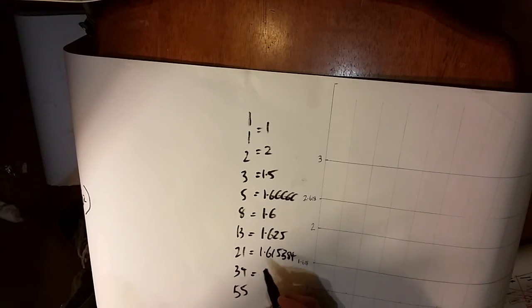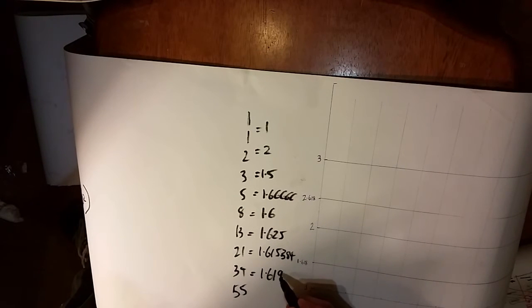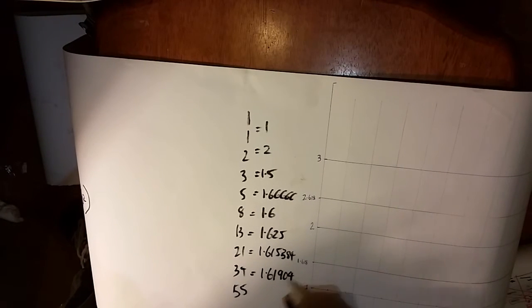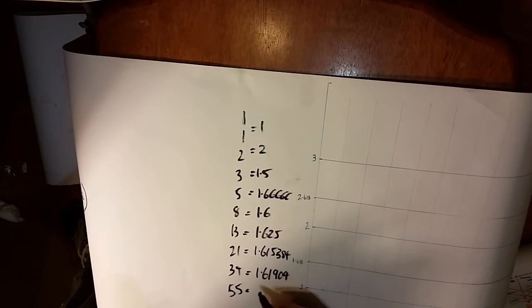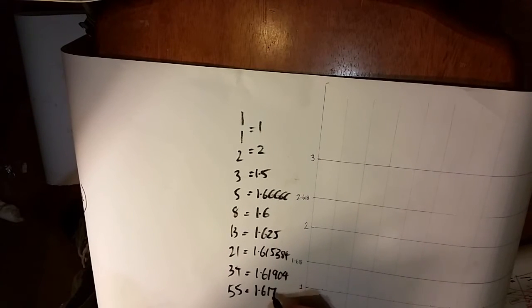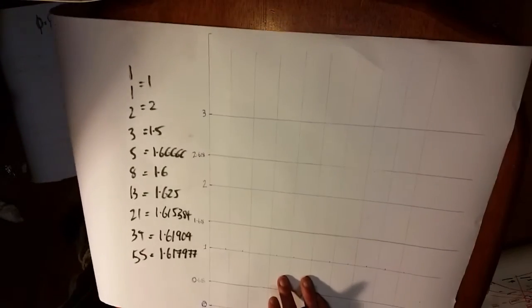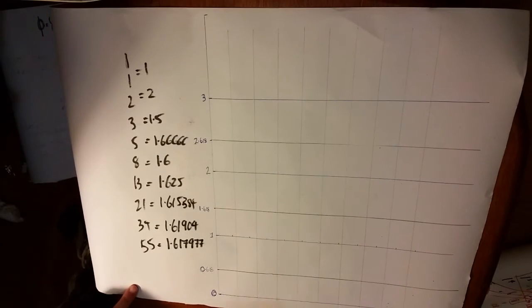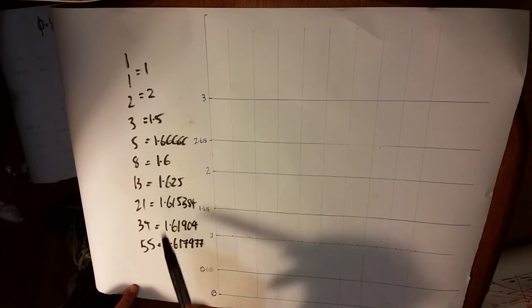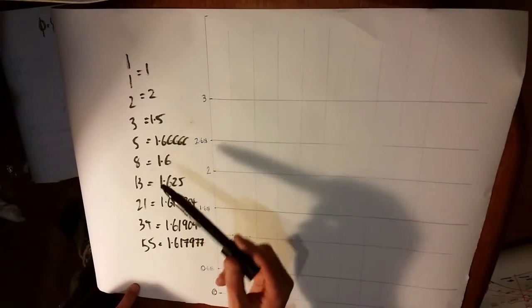Same thing if we continue down, and the further we go down, the closer and closer we get to phi, 1.617977.